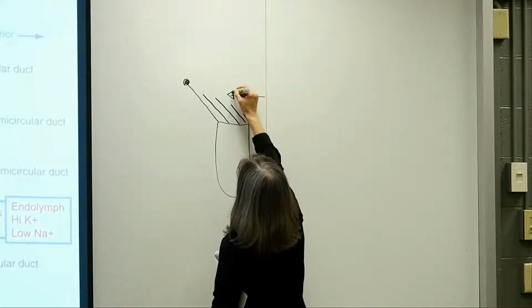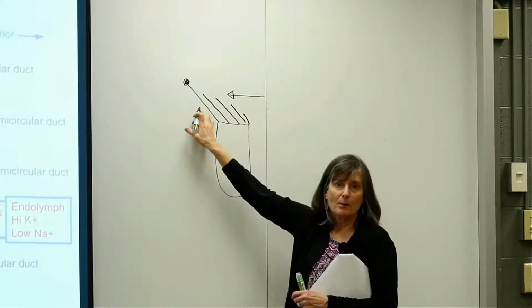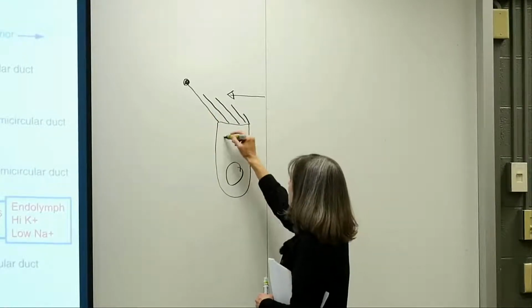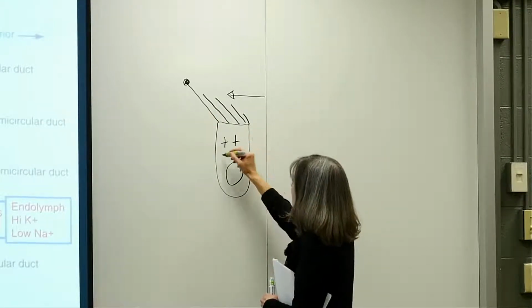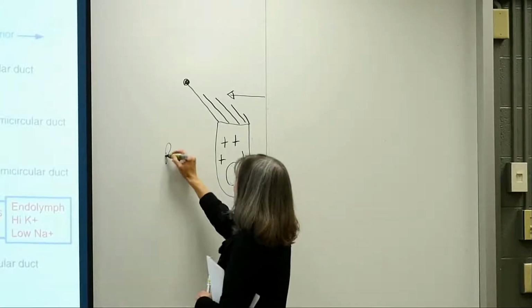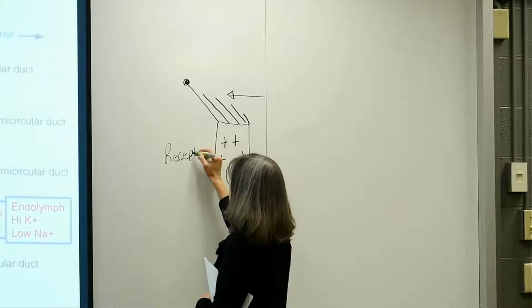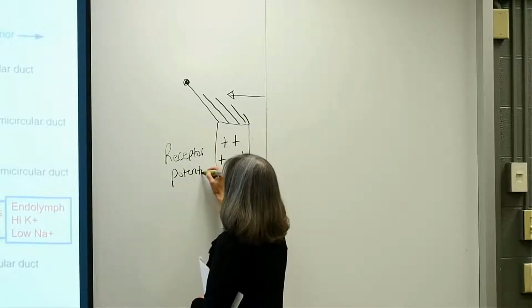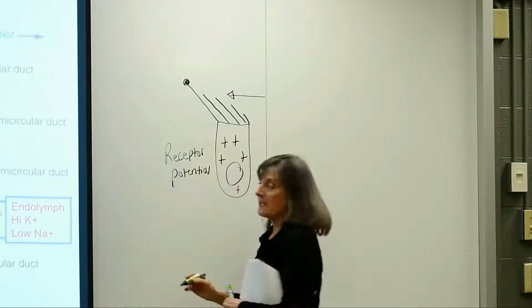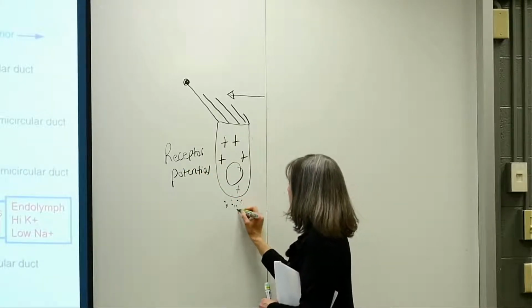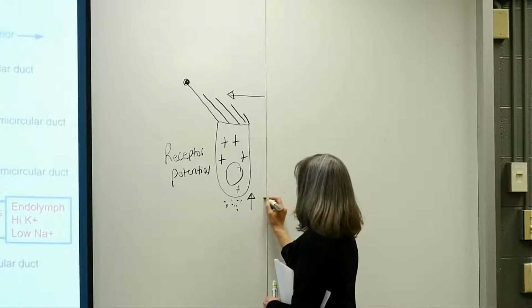And we have movement towards the kinocilium, or towards the tallest stereocilia. What's that? That's going to depolarize this hair cell. Okay, so this is going to result in a receptor potential, which you all know is graded, and that is going to increase the release of glutamate from the hair cell.